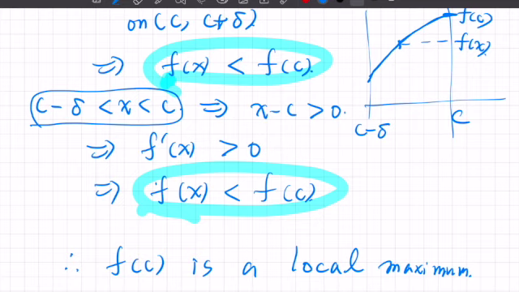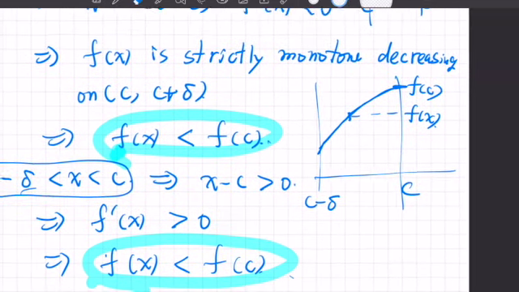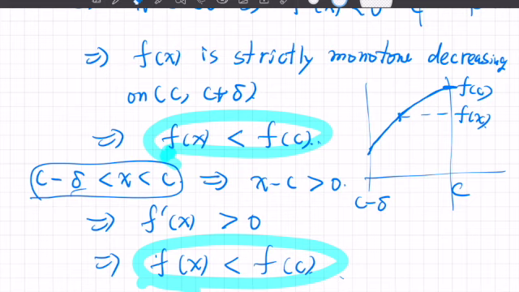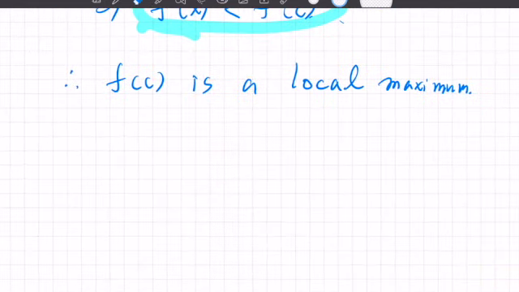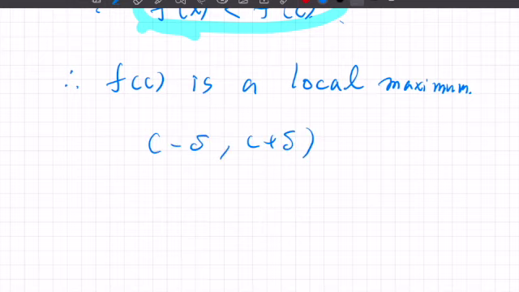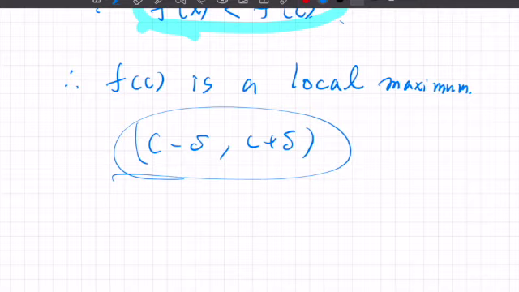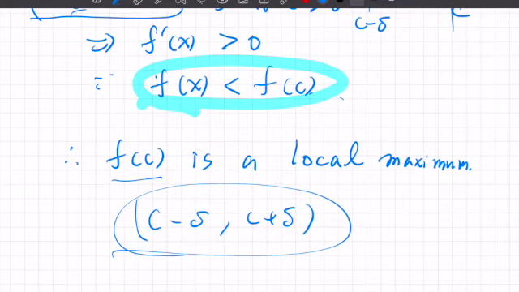Now this was the definition. Now we have this delta, and within this interval between c minus delta and c plus delta, f of c is the maximum value.